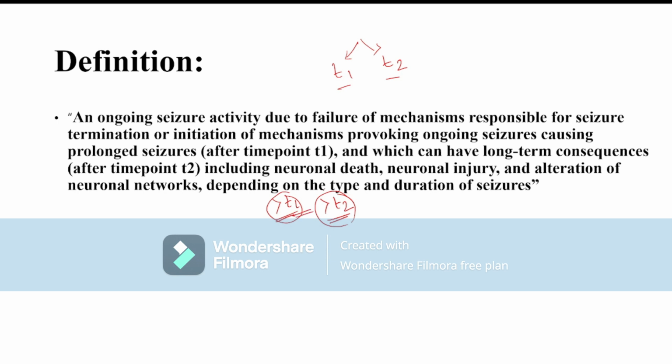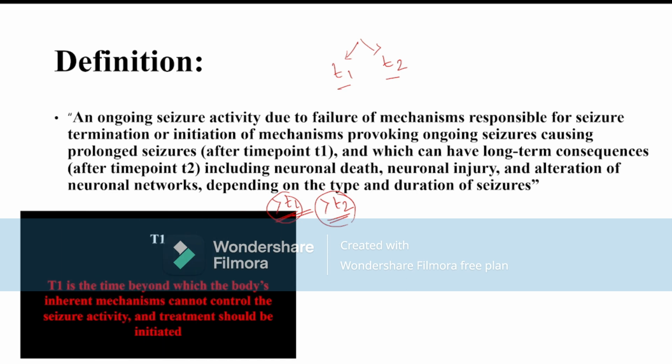So what is T1? Time point T1 is defined as the time beyond which the body's inhibitory mechanism cannot control the seizure activity, and treatment should be initiated. That means when convulsion happens in any child or any patient, the body's inhibitory mechanism starts to control the convulsion.